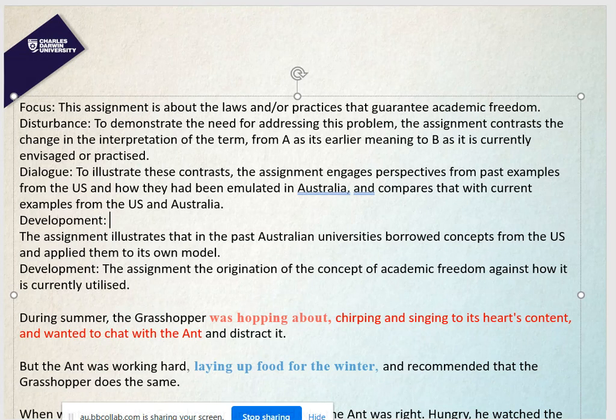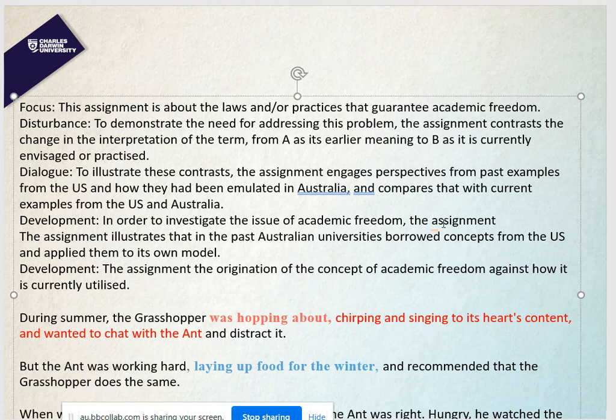Oh my God. So what is going to happen? In order to investigate the issue of academic freedom, the assignment will, no, does, what does it do?